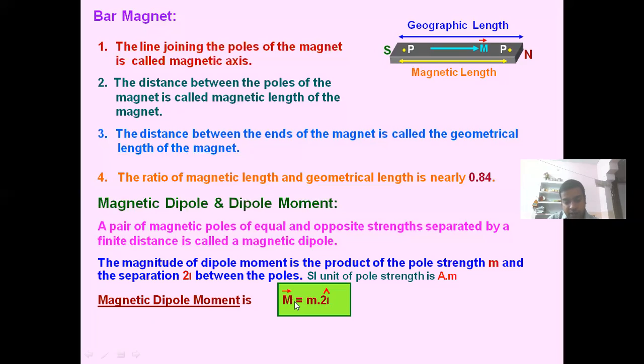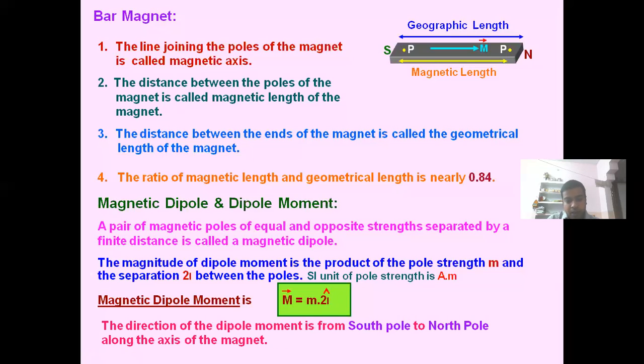As you see here, it is equal to pole strength multiplied by the magnetic length. So its SI unit will be ampere meter into meter, ampere meter square. The SI unit of magnetic moment is ampere meter square.